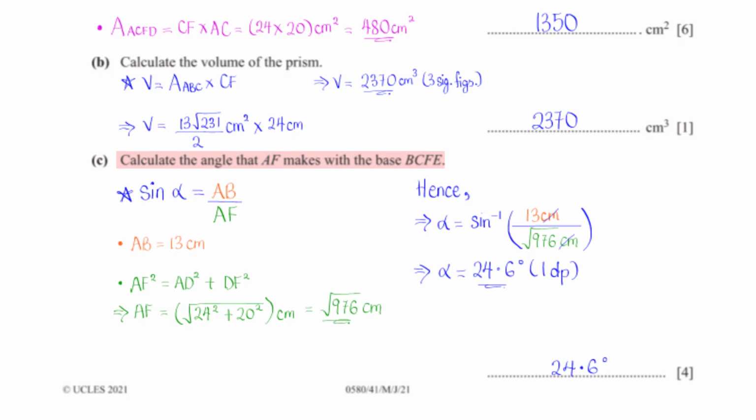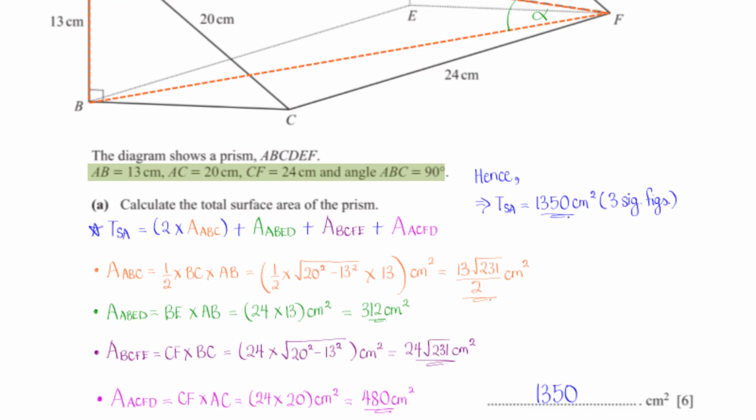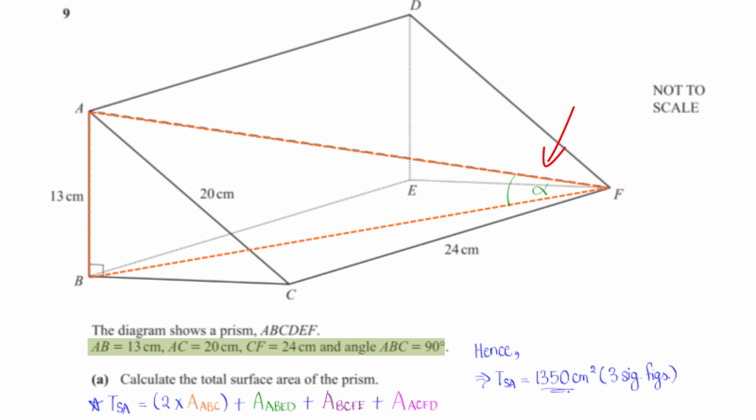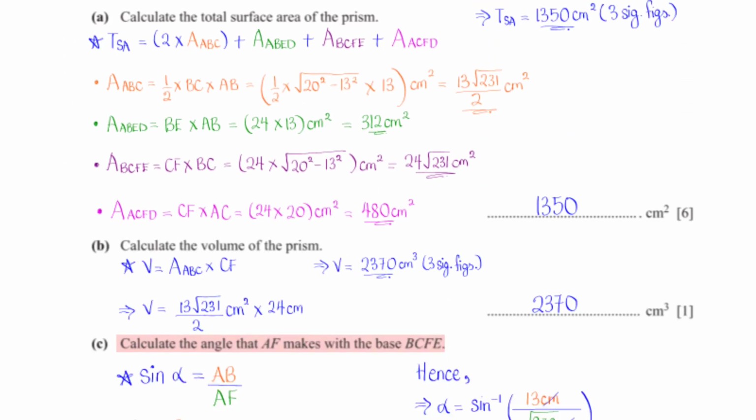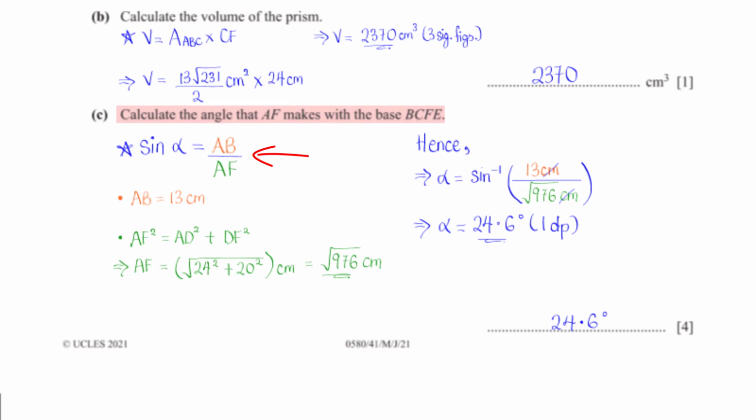Calculate the angle that AF makes with the base BCFE. So on the diagram, let's label this angle alpha. And so to find the value of alpha, we can apply SOHCAHTOA. And so sine alpha equals AB divided by AF. We know the length AB as 13 centimeters, and we can easily find the length of AF by applying the Pythagoras theorem.